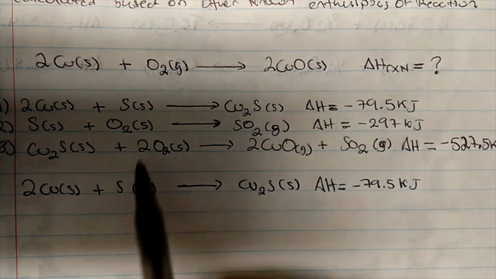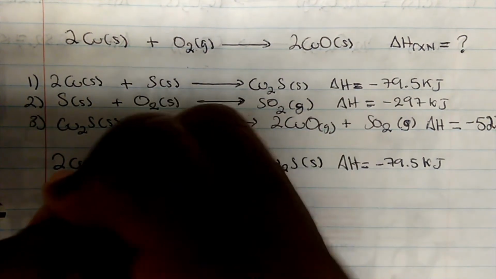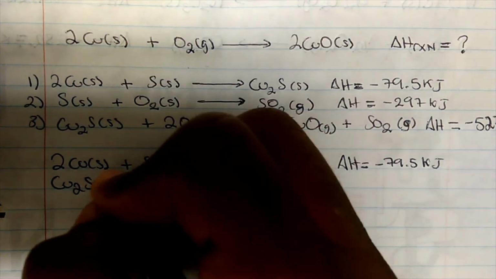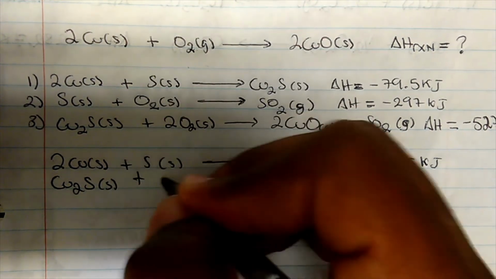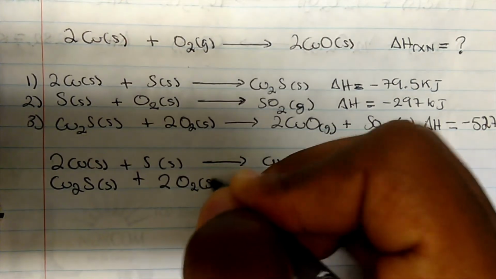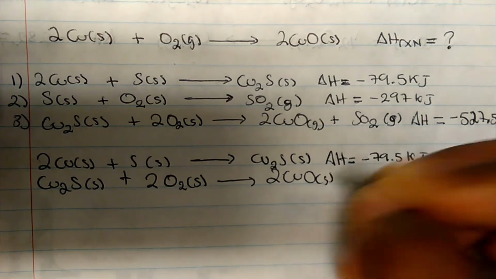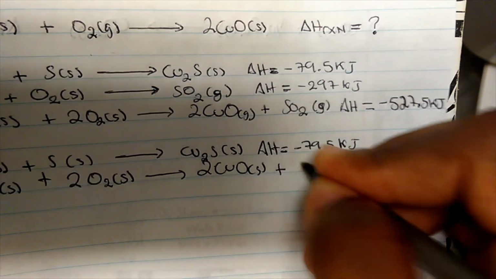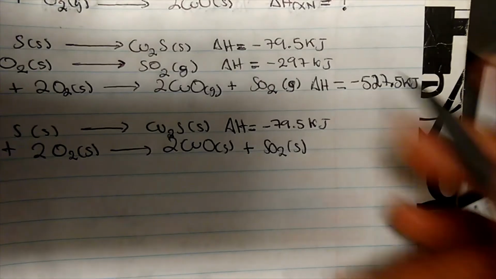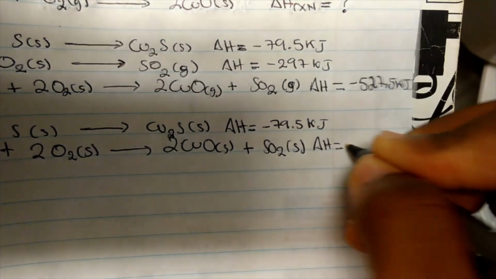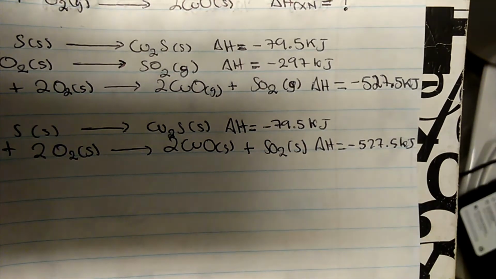And so if we go ahead and use the third equation, then this becomes Cu2S solid plus 2 moles of oxygen gas. Okay, and that goes to 2 moles of copper 2 oxide plus SO2 gas. Notice that I did not change anything, so my change in enthalpy stays the same. So this is negative 527.5 kilojoules.